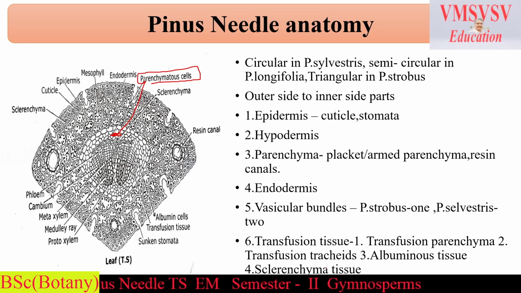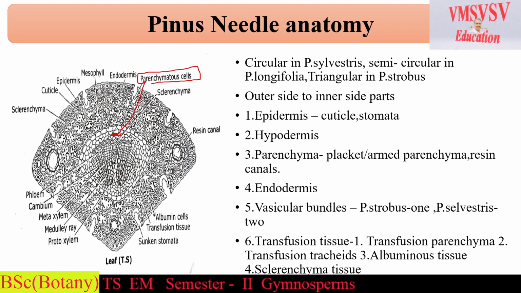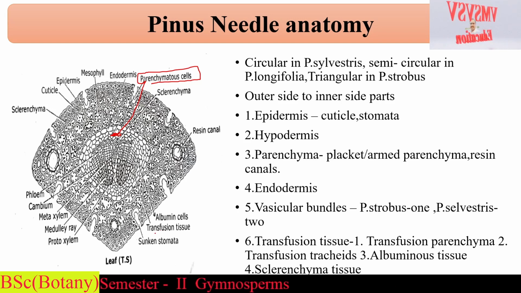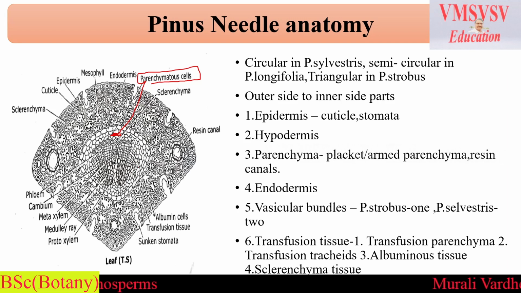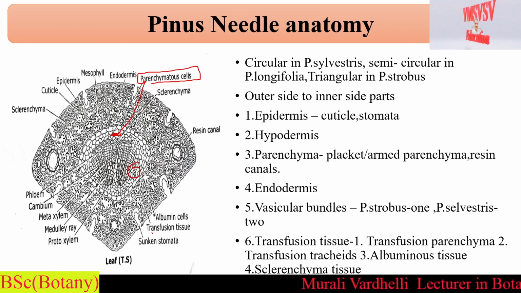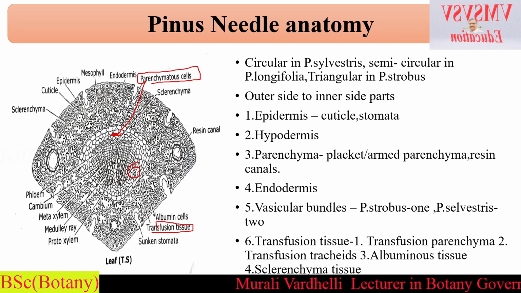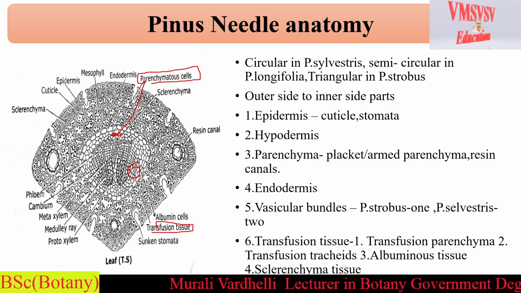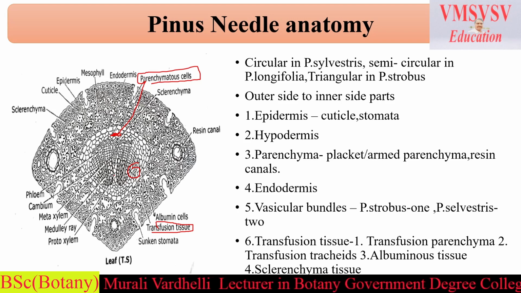What are the transfusion tracheids? You see, this one is the transfusion tissue tracheids part. Okay, these are the tracheids part. So transfusion tissue, that is transfusion tracheids. These are near the tracheids of the vascular bundles.